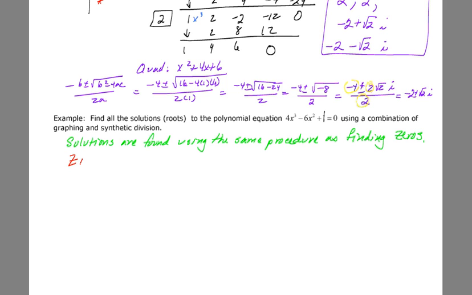What I did here is I went to Zoom 4, then I hit the trace feature, and from there I was able to trace left and right.